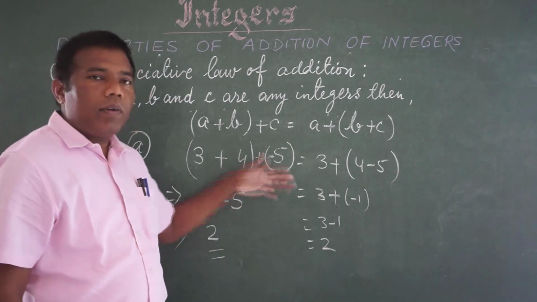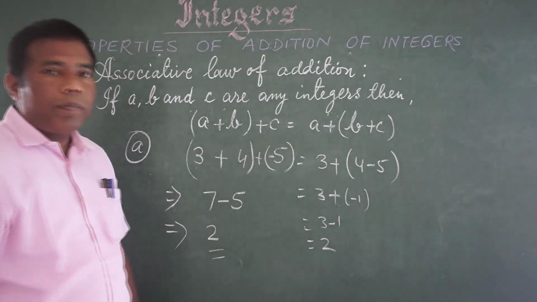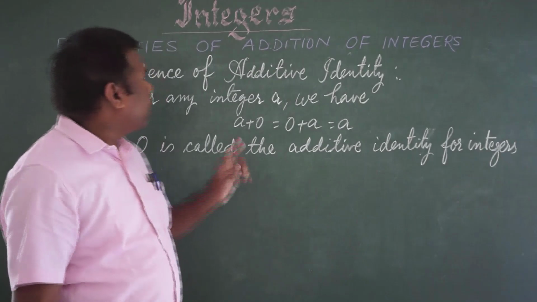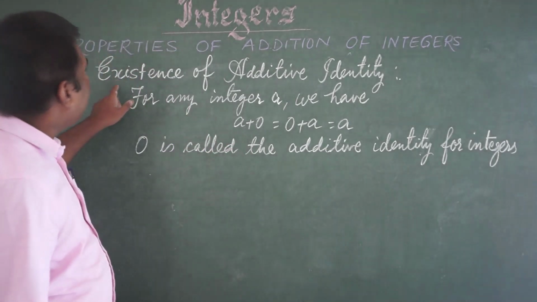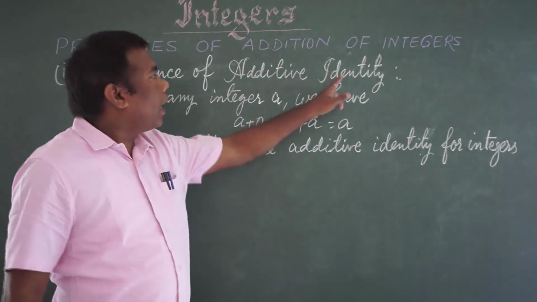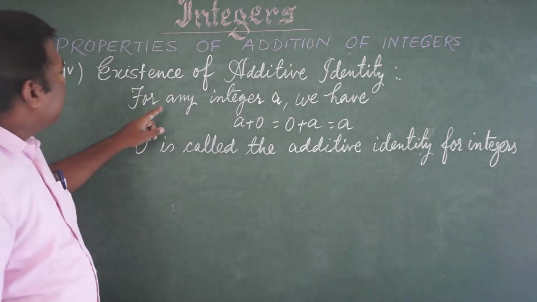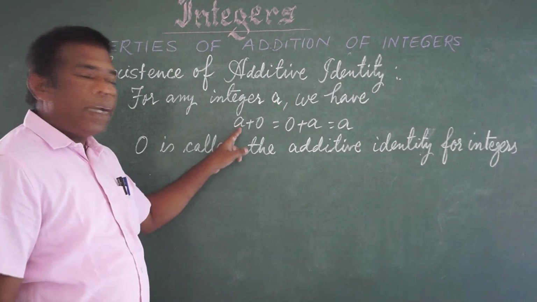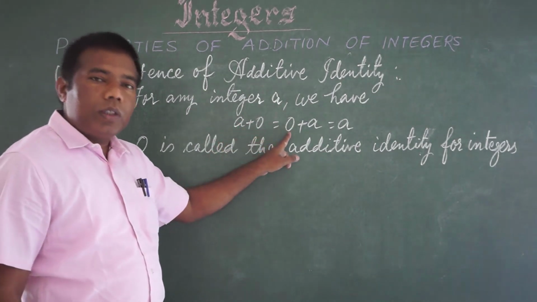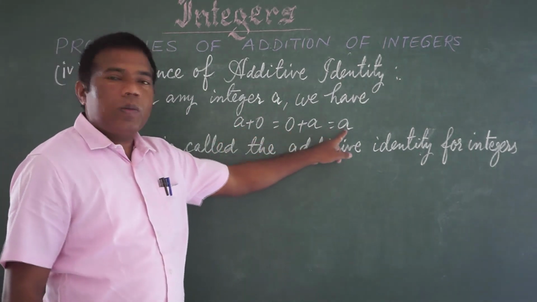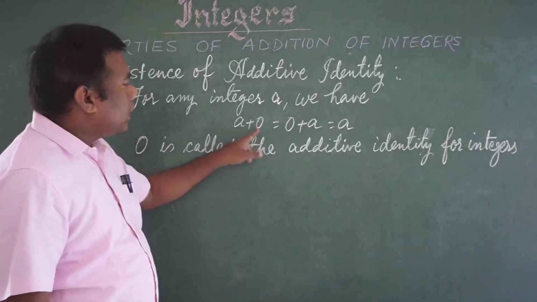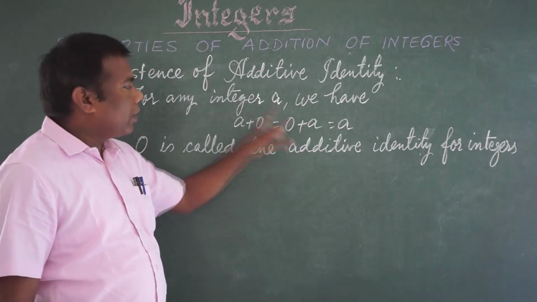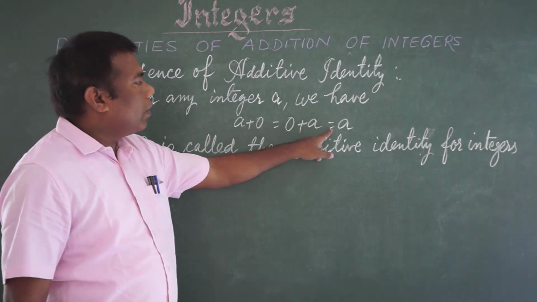So next we will see our next property. Our next property is existence of additive identity. What does it say? For any integer a, we have a plus 0 is equal to 0 plus a, and that will be equal to a. So a plus 0 can be written as 0 plus a, our first property, and that will be equal to a.